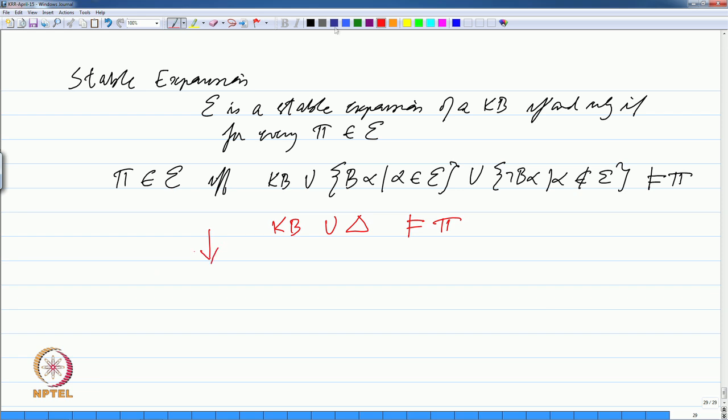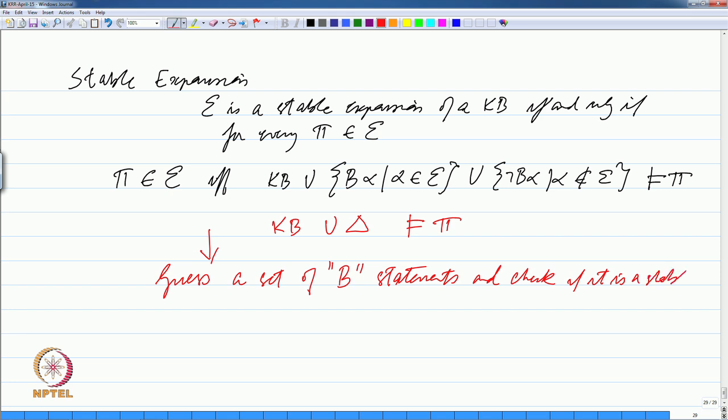Now, the way that we will go about is to guess a set of belief statements and check if it is a stable set.